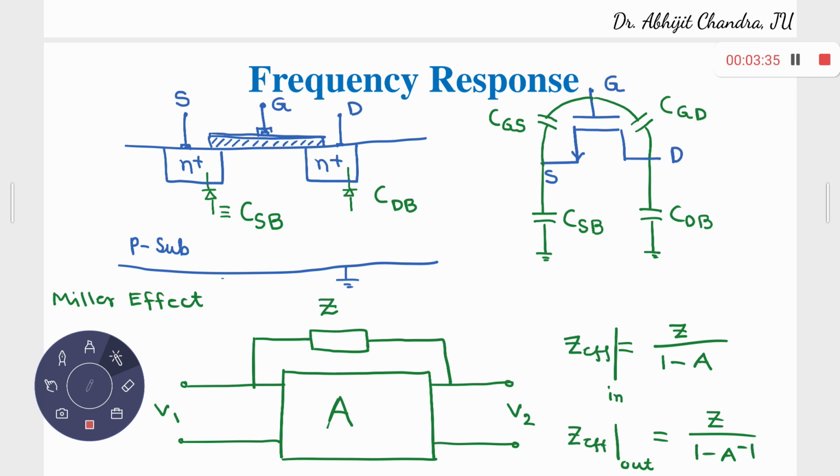Now, in the drain current expression, hopefully you can remember, you have one term which is known as the C-ox. If you can remember the expression of the drain current of a MOS device operating either in the saturation or in the linear region, ID is equal to some mobility, C-ox, W by L and something. What is that C-ox? That is the oxide capacitance per unit area.